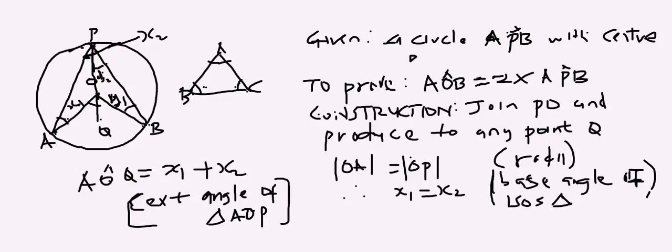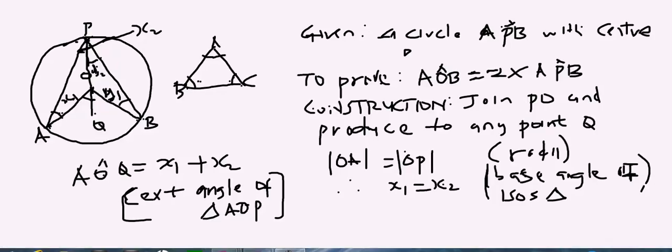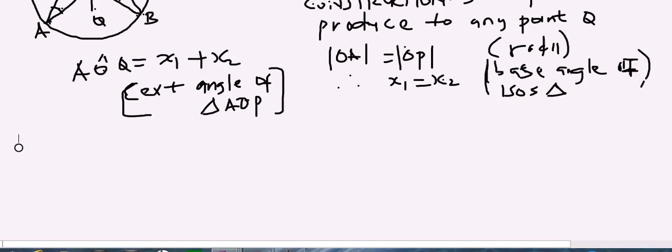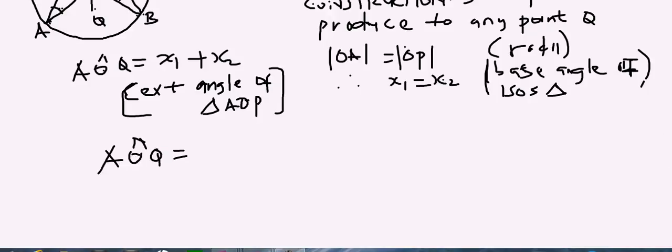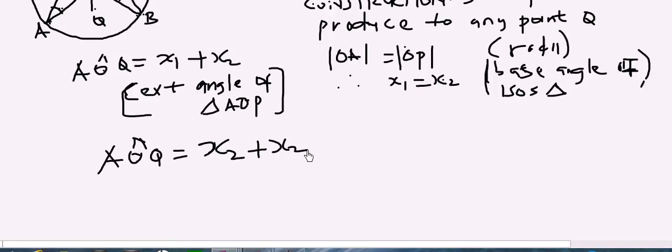Having established that fact, we know that x1 is equal to x2, so that AOQ is equal to x2 plus x2, since x1 is equal to x2.